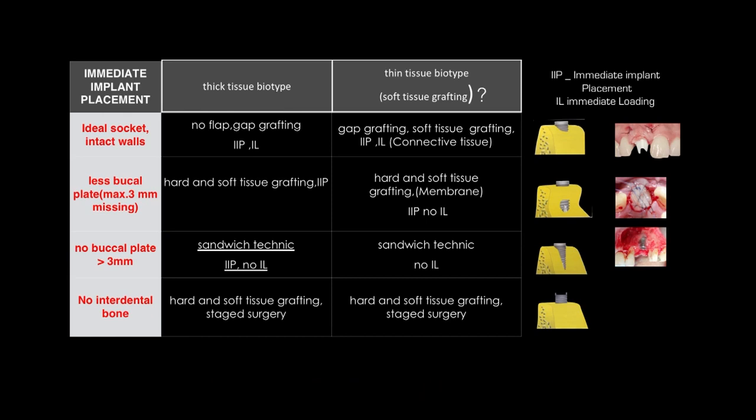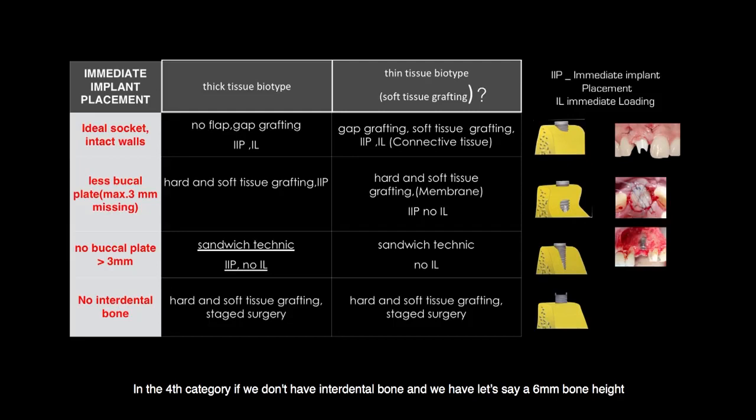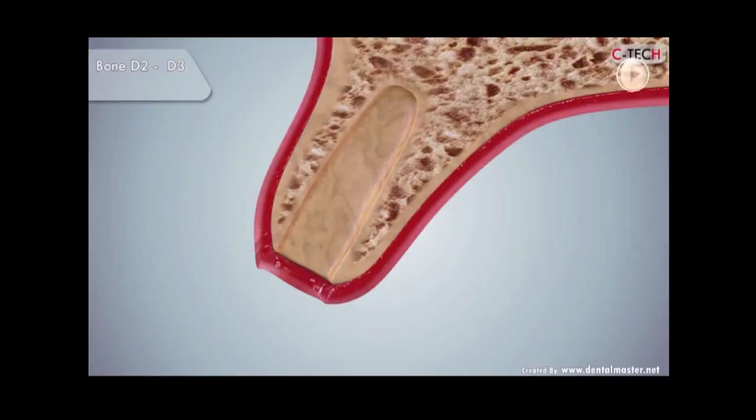In the fourth category, if we don't have interdental bone, and we have, let's say, a 6 millimeter bone height, then up to 3 millimeters of height, we can graft with particulate material and with different techniques which allow us to graft and to place the implant in the same session. Another option would be, of course, short implants with their pluses and minuses.